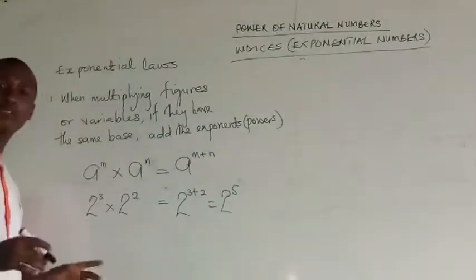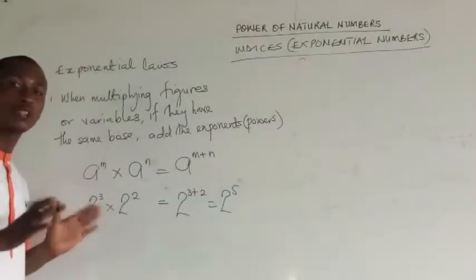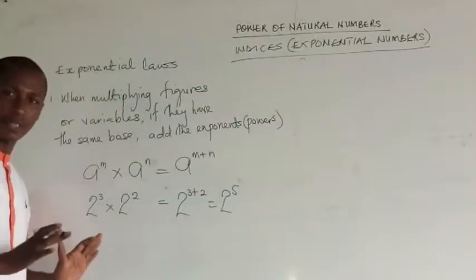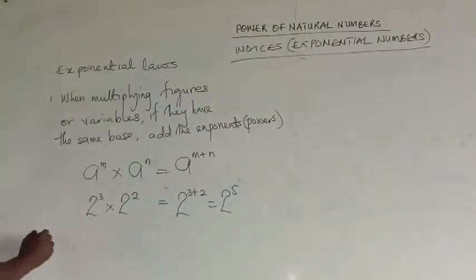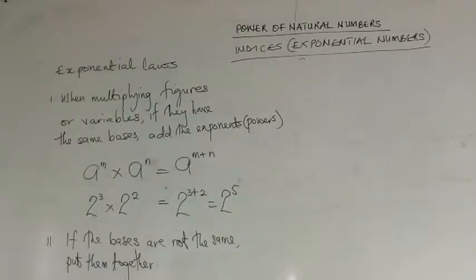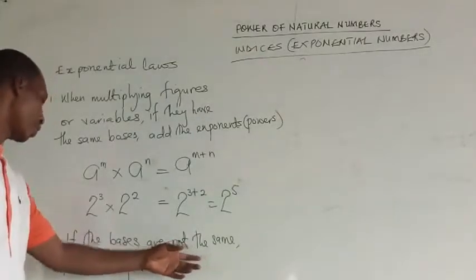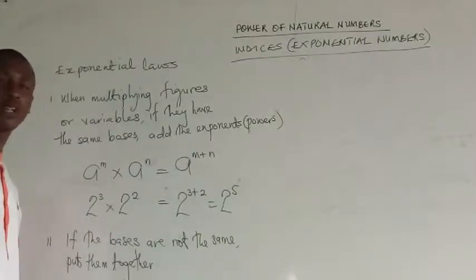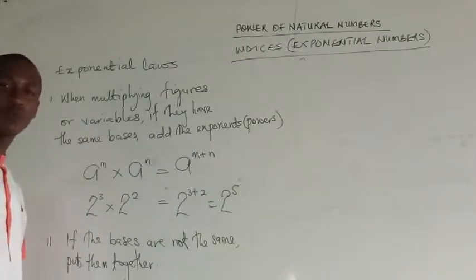Another way around, if the bases are not the same, you cannot add the exponents. So we said if the bases are not the same, put them together. What do you mean by if the bases are not the same, you put them together?